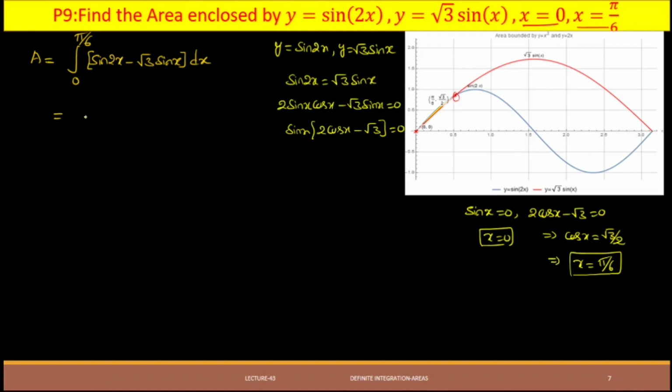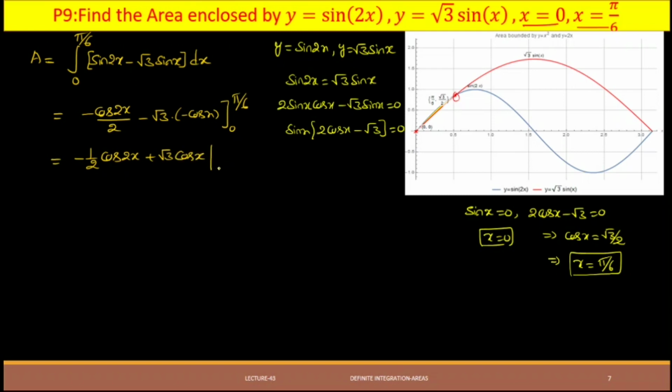Okay, so the integral of sine 2x is minus cos 2x divided by 2, minus root 3 into the integral of sin x, which is minus cos x, in the limits 0 comma pi by 6 here. So this becomes minus 1 by 2 into cos 2x plus root 3 into cos x.